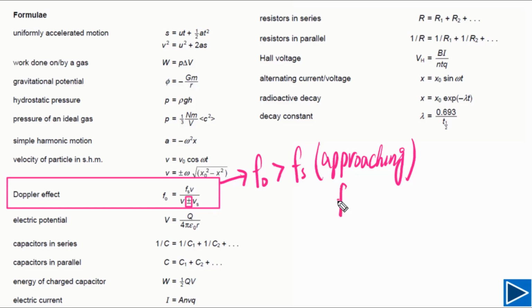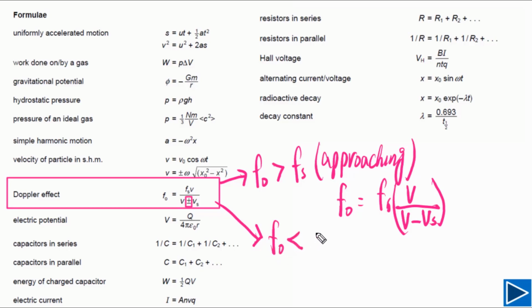This means the formula you have to write down will be fo = fs × v/(v − vs). So you have to use the negative sign here. When the source is moving away, the observed frequency has to be smaller than fs.